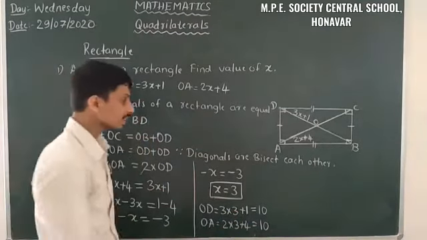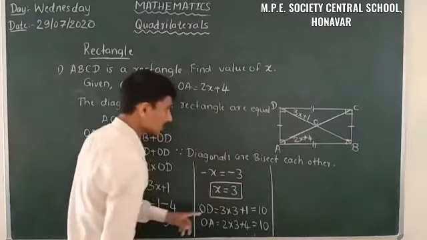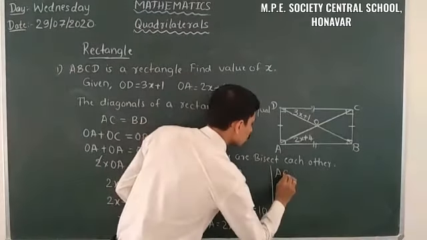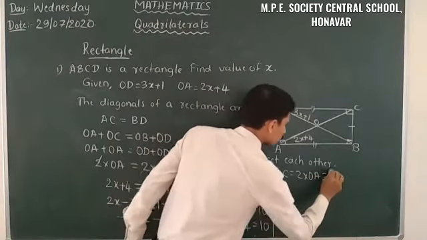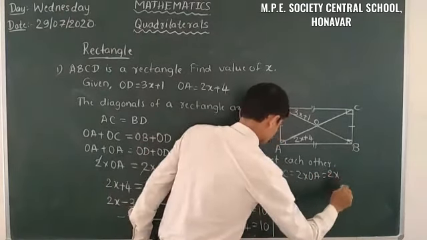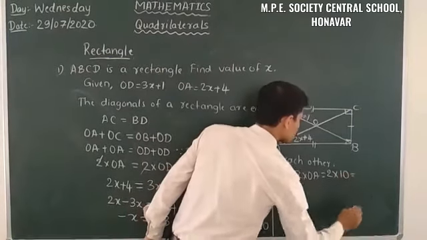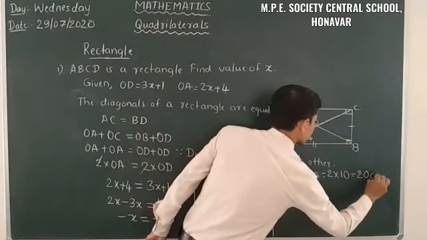When we take the diagonals, AC is equal to 2 into OA, that is 2 into 10, which is 20 centimeters.